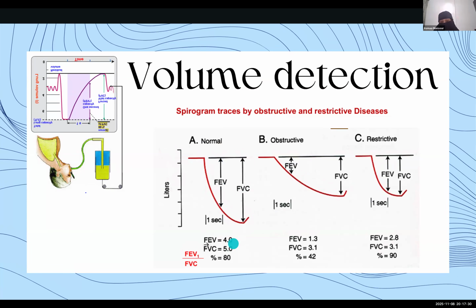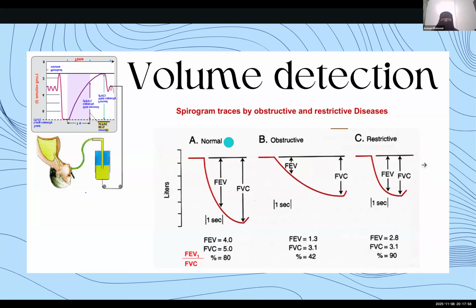These are just random numbers. FEV1, or the forced expiratory volume in 1 second, is 4, and the forced vital capacity is 5, and the ratio is about 80%. This is normal. In normal cases, in the first second, you will exhale 80% of the total exhaled volume, or the total forced vital capacity.